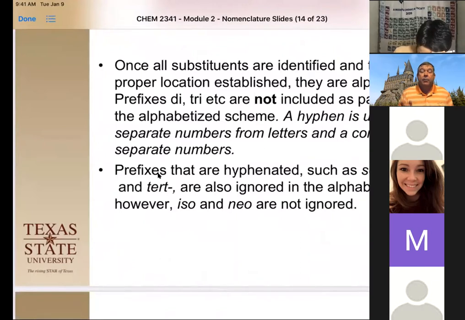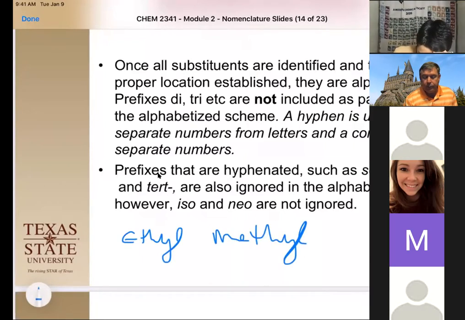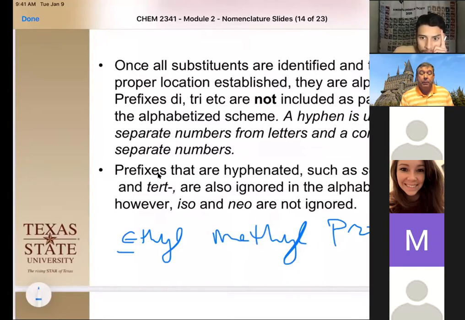The prefixes for numbers don't count, which means that if you had an ethyl group, a methyl group, and a propyl group, all on the same chain, you would put them in alphabetical order. So E comes before, and then M, N, O, P, so M is next and propyl's next.